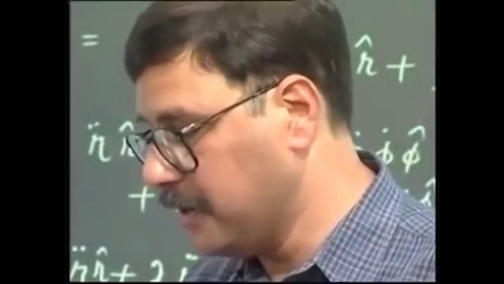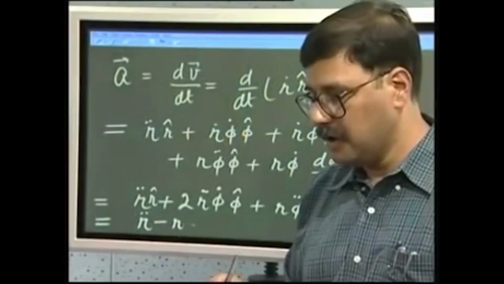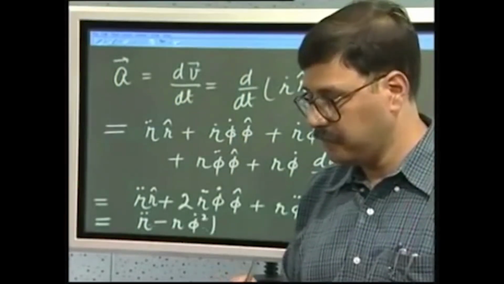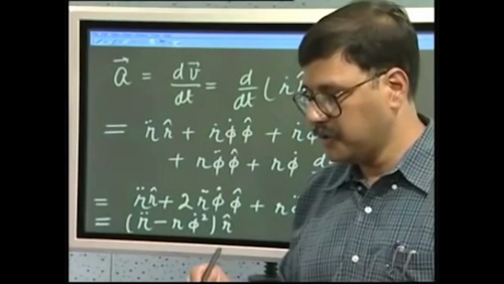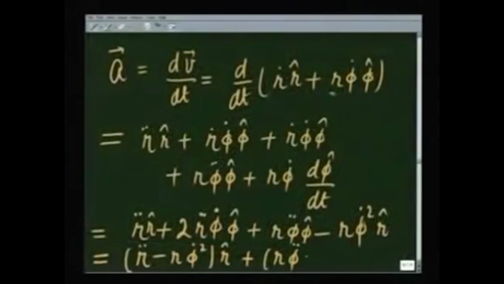So, this becomes minus r phi dot square in r direction.